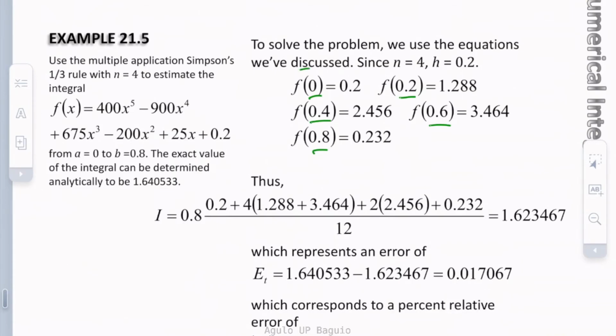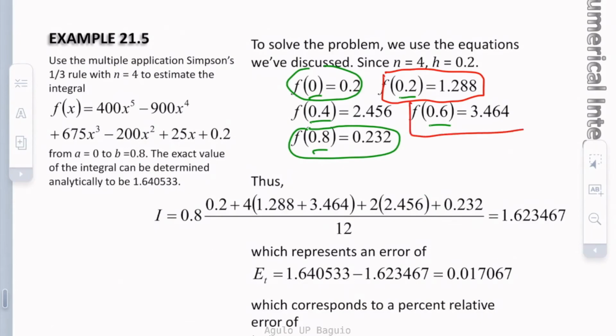So the first term is f of 0, and the last term is f of 0.8. These are our odd terms. So we add them up and multiply by 4, as shown. This is the only even term, so we multiply that by 2.